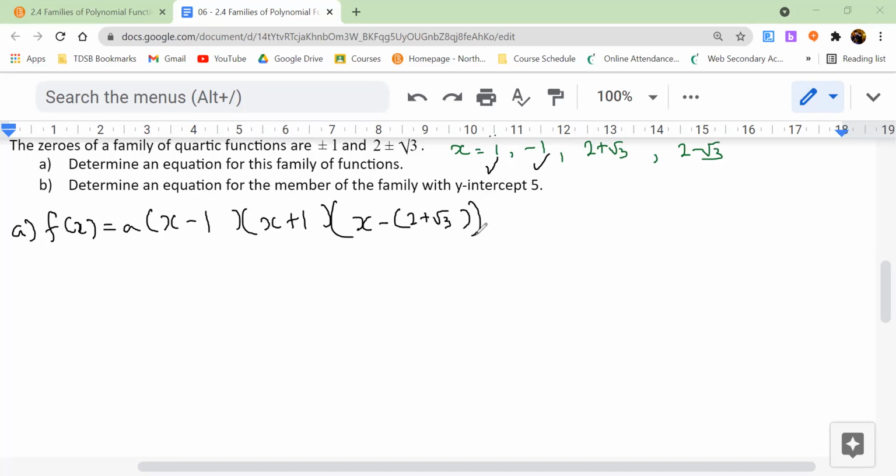Right? It's the whole thing. This entire thing is being subtracted. So this would be x minus 2 minus root 3. Let me write it clear. Okay, some people are squinting back there.